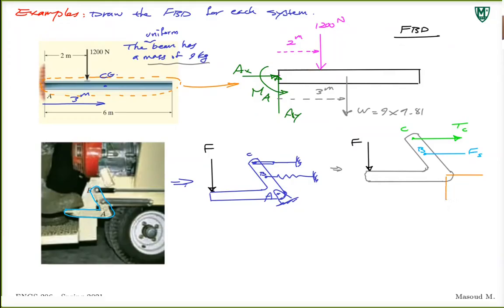At this point, I'm just gonna take the Y component upward and X component to the left. If you choose the opposite direction for each of them or one of them, I'm not going to stop you. That's fine, because this force can be negative at the end, meaning that the direction should be flipped. So this is it. This is the free body diagram, and this is point A.